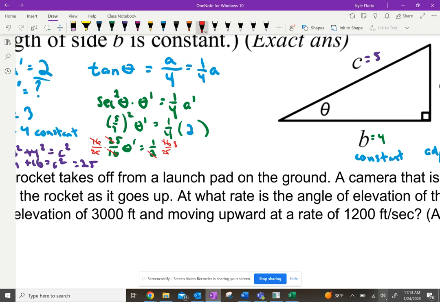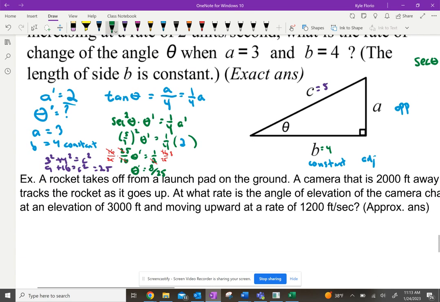So 2 divided by 16 is 8, so I'm going to have 8/25. And it's not degrees per second. We're talking about an angle, but we're in radians per second.